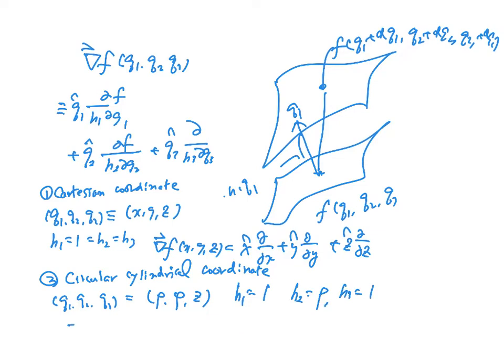So the gradient is rho partial f over partial rho, phi over rho partial f over partial phi, z partial f over partial z.